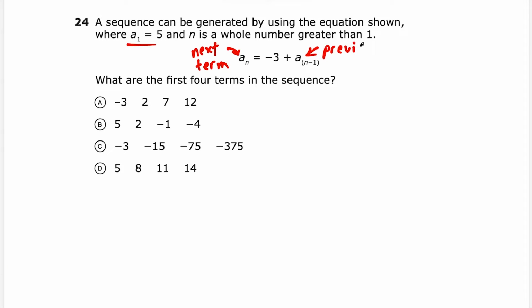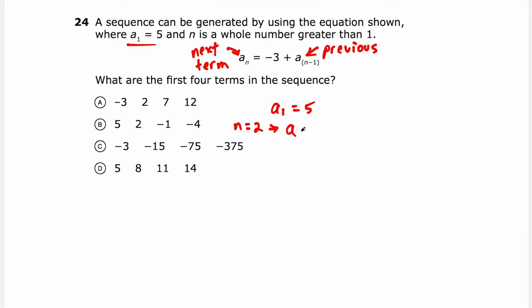Okay, so this is a recursive sequence. In a recursive sequence, the next term is built by the ones before it. So if I start with a sub 1 equal to 5, then when I want to find a sub 2, I'm saying n is equal to 2, and I just plug into the formula.